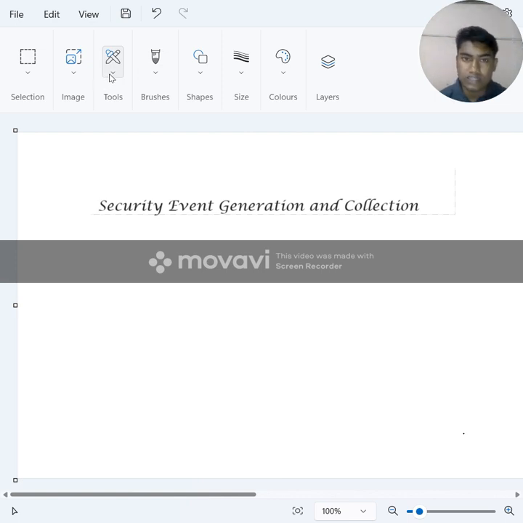In security event generation and collections, there is one common thing, data collections. Which type of data? In your organization's view, suppose there is a client whose data is maintained by the organization.